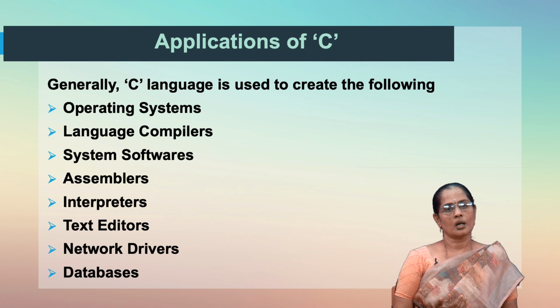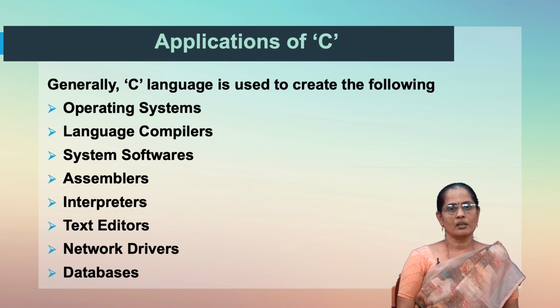And language compilers, as we have seen in the example before, right. Supposing we want to talk to the computer, which can understand only binary language, obviously we need some sort of translators or interpreters to help us understand the instructions the computer is giving us and the instructions we are giving to the computer.